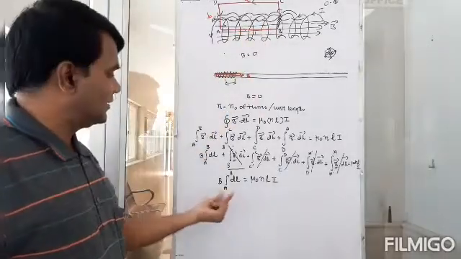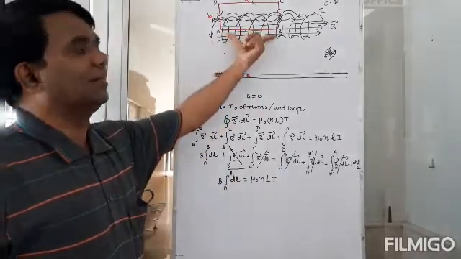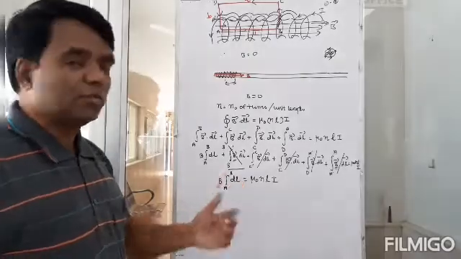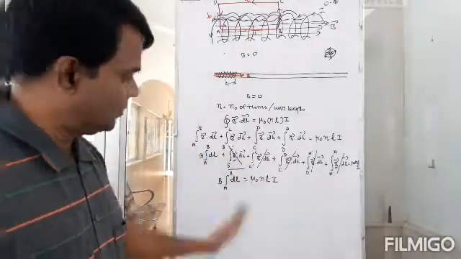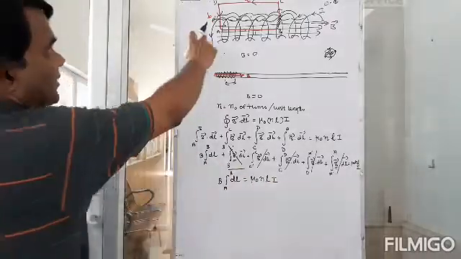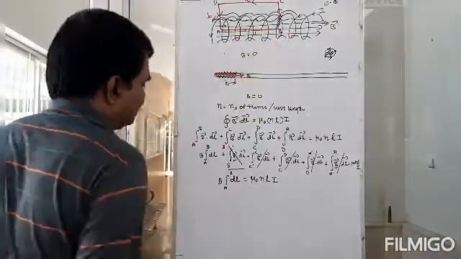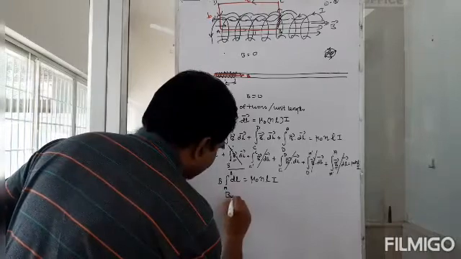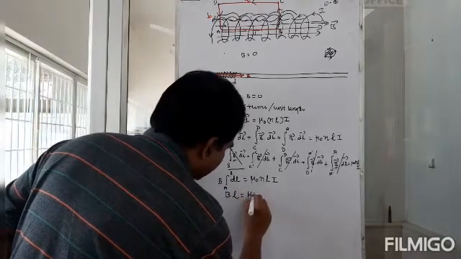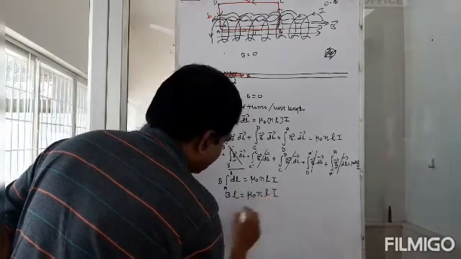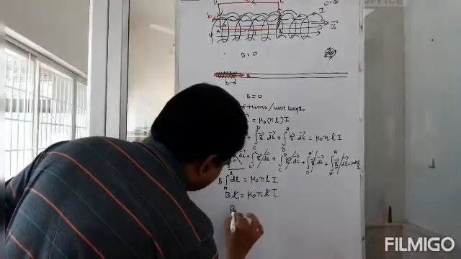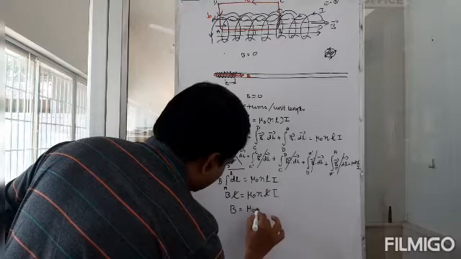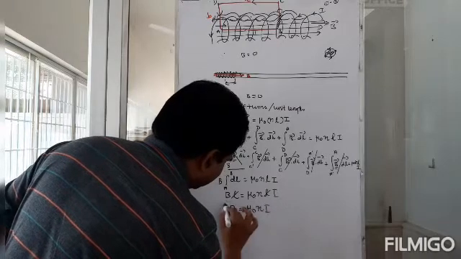We keep adding, then this will give you the length L. Right? This integral will give you length L because integral dx is x, right? So integral dl will be L. That's exactly this length. Okay? So B L is equal to mu naught N L I. L and L can be cancelled. Then you have B is equal to mu naught N I.